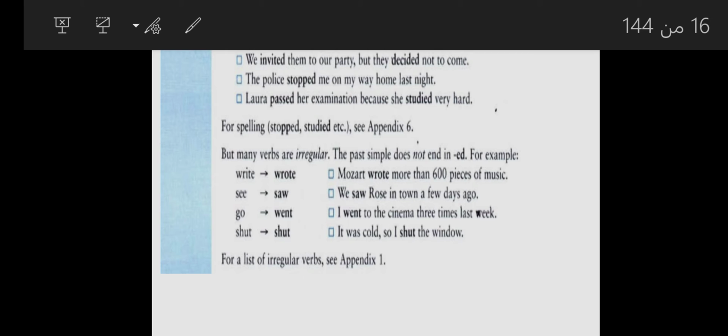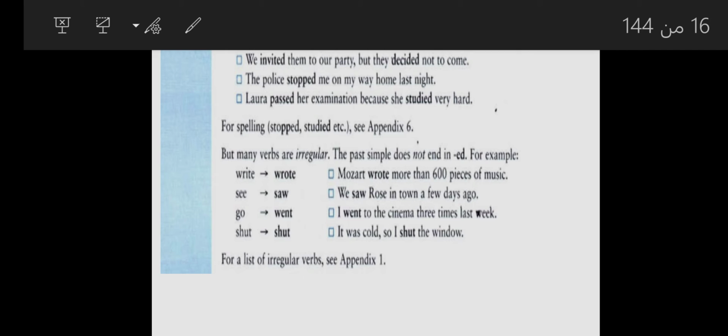The verb go, the base form go, becomes went. I went to the cinema 3 times last week.